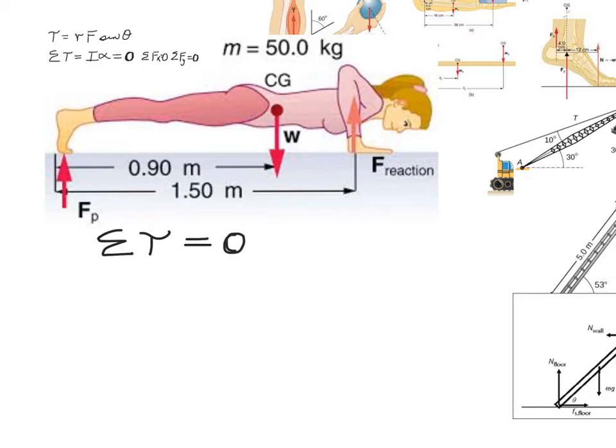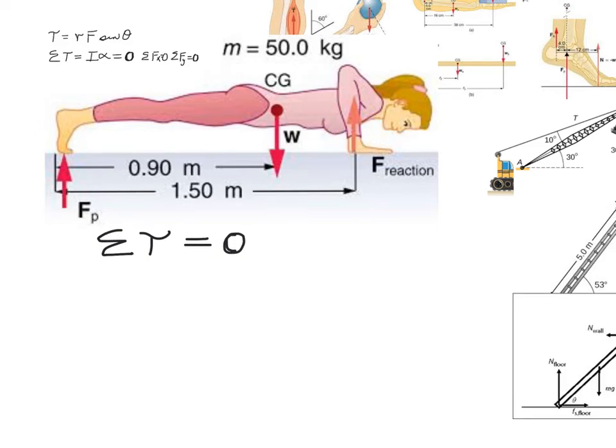So the first question in the assignment is, what is the reaction force? If we want to find this force, and we do know her weight because we're given her mass, but we don't know this force, so we're going to set the axis here. Why? Because then this torque will be 0, and if this is our axis, this will be a negative torque, this will be a positive torque, and those two torques will have to be equal and opposite, and we can get the answer we want.